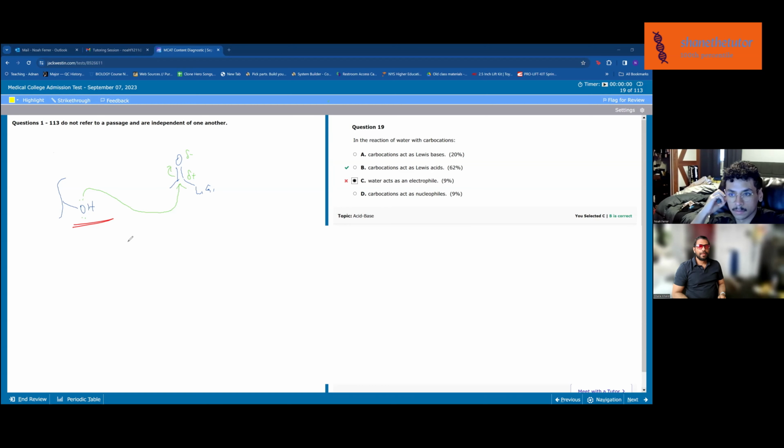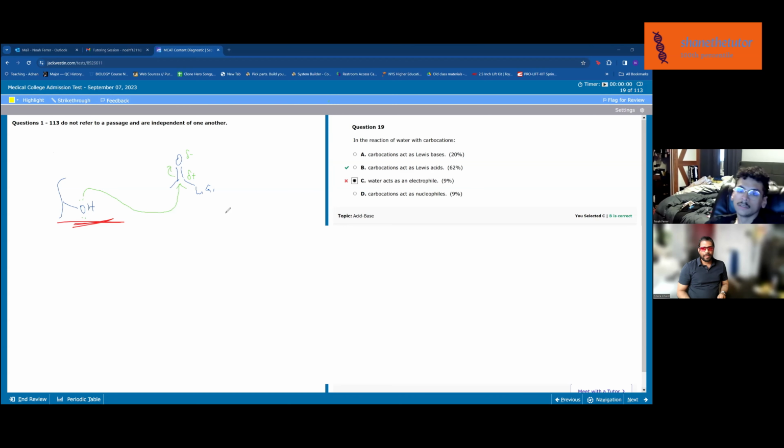Because it nucleophilically attacks this. Yeah, and you can see how I drew the electron pair there, like over here. That electron pair is donated to the carbonyl carbon of the molecule on the right.